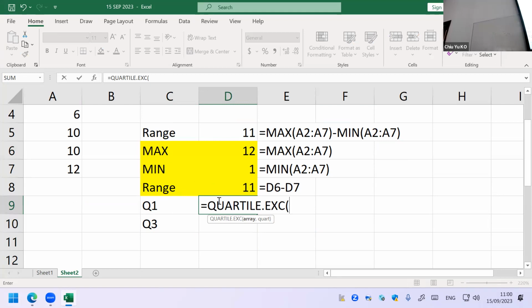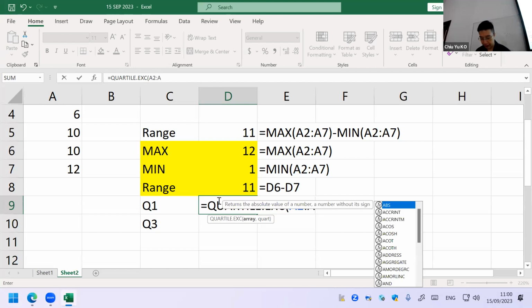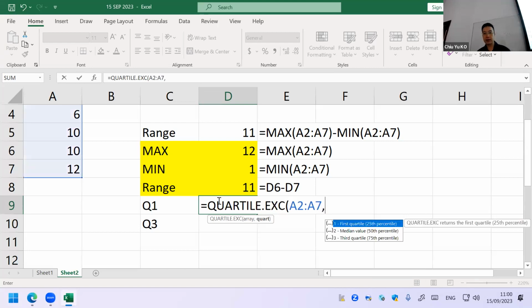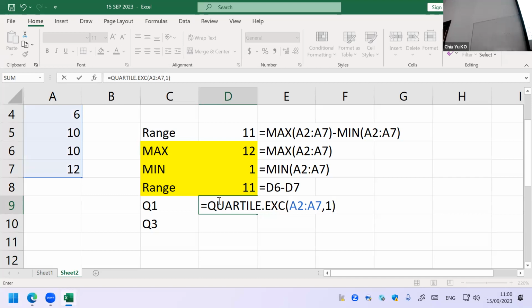We'll focus on quantile exclude, and the data is from A2 up to A7. What we want is the second argument: you have to tell it whether it is Q1 or Q3. This is the data, Q1 is 1, Q3 is 3, so you put a comma and 1. So this is the formula: quantile dot exclude, your data, and 1. If you want Q3, then it will be 3.